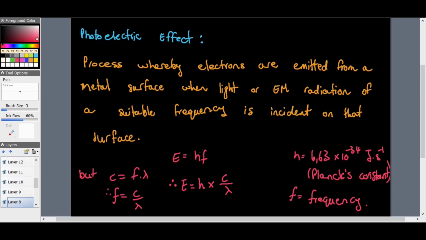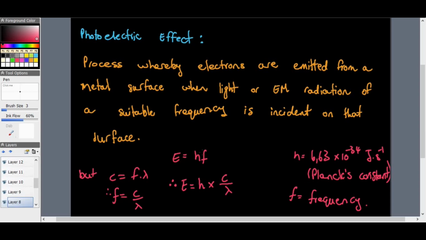So what the photoelectric effect is saying is that a photon, which is a packet of light energy, must have a certain minimum amount of energy to overcome the force. Anything less than that, it will not overcome the forces of attraction between the metal and the electron, which will obviously not budge. But if it has that certain minimum energy to overcome the force of attraction, the electron will obviously be removed from the surface.